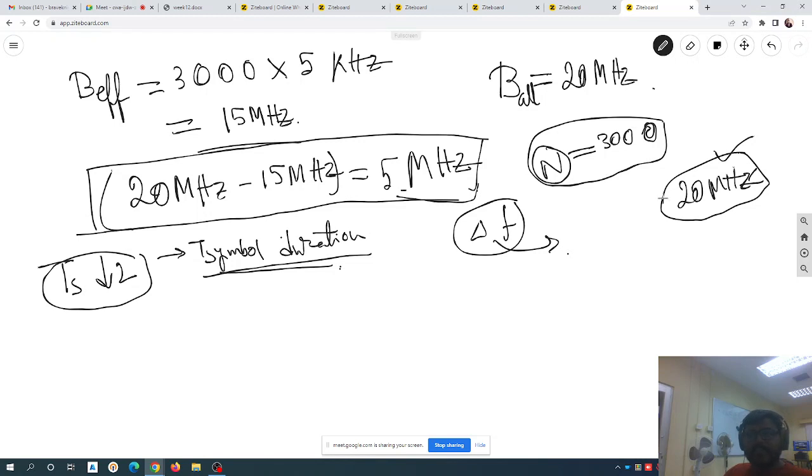My total bandwidth is 20 megahertz, and my symbol duration is decreased by 2. Symbol duration was 1 microsecond at the beginning, now it has been decreased by a factor of 2. And by what factor should the delta f change right now to allocate at least this 3000?